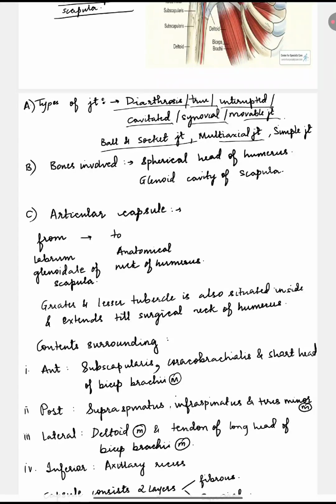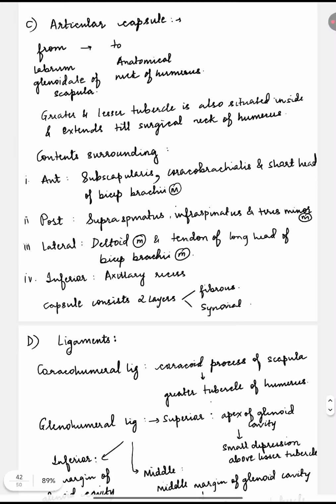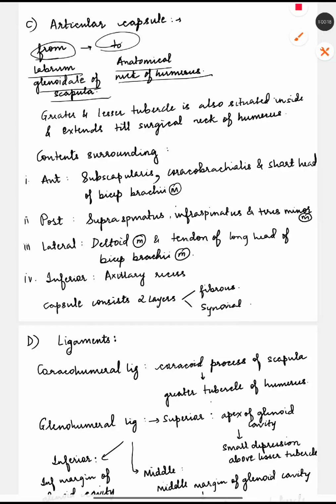It is a ball and socket joint, a multiaxial simple joint. Bones involved are the spherical head of the humerus and the glenoid cavity of the scapula. The articular capsule runs from the glenoid labrum of the scapula to the anatomical neck of the humerus. The greater and lesser tubercles are also situated inside and extend to the surgical neck of the humerus.